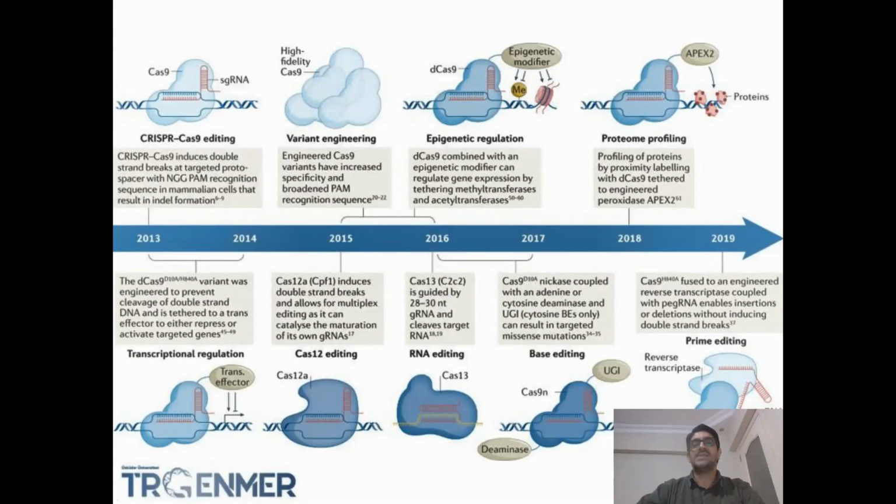One is the base editor, in which the nuclease-Cas9 enzyme is joined with the cytosine deaminase or the adenosine deaminase to change the cytosine or the adenine to the thymine or the guanine.